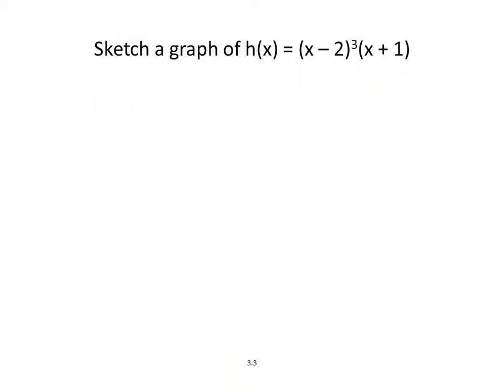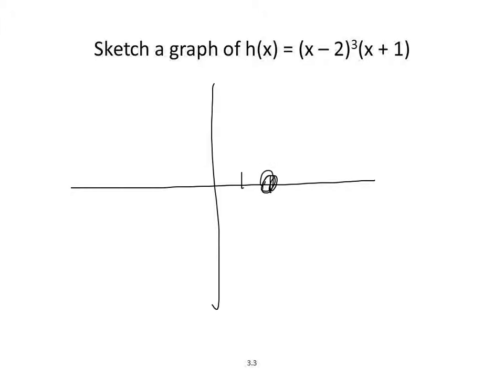With this function, I'm seeing this root has a multiplicity of 3 because it's to the 3rd power. I know it crosses at x equals 2, and at x equals negative 1, because those are the zeros. If I expanded this all out, this would be an x to the 4th, so in the end it's headed up just like the other one.